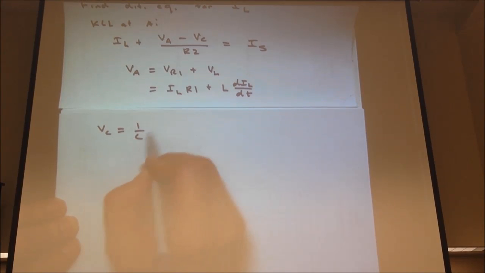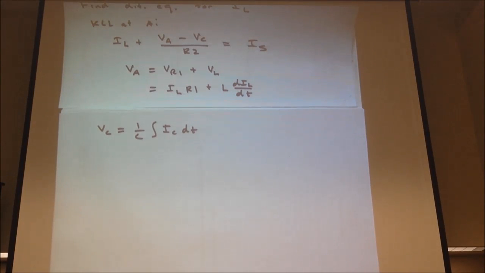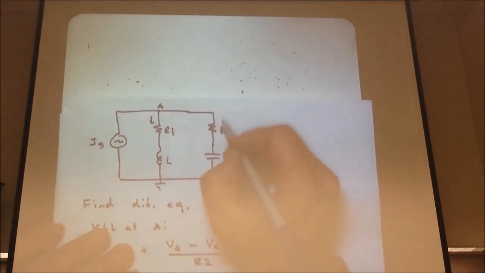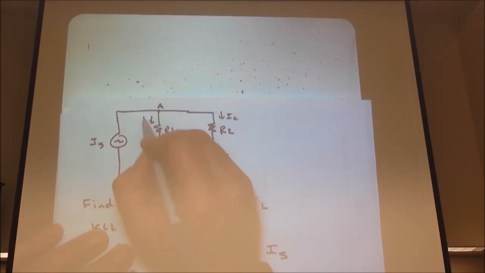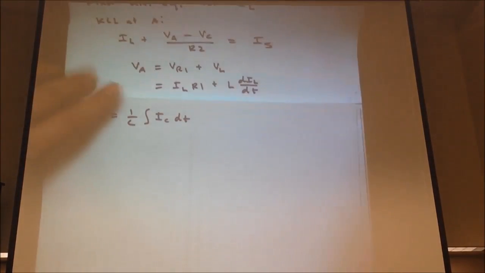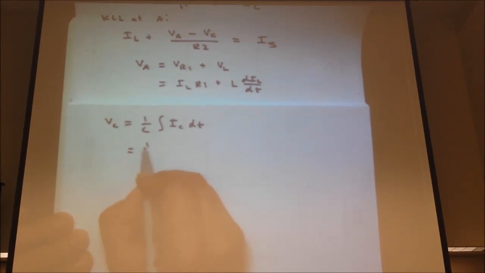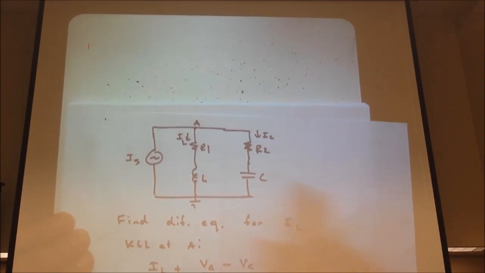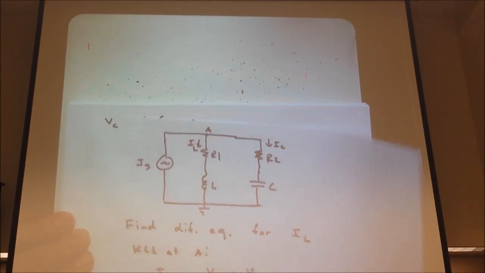So VC is 1 over C integral of IC dt. And this is where things get a little bit funky, but what's IC? Well, it's the current going this way. There's IC, there's IL, and so actually we can plug in 1 over C integral of IC equals I source minus IL.